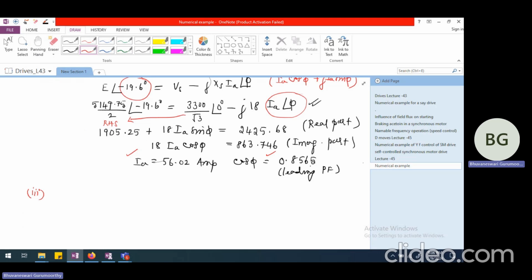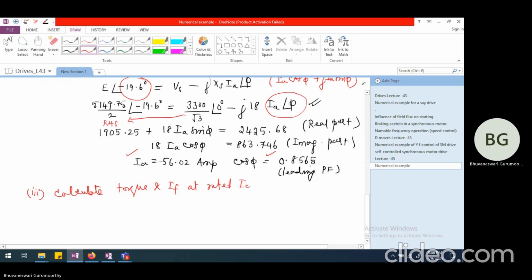In the above base speed operation, what is being asked is to calculate torque and IF at rated Ia and 1500 RPM, unity power factor.